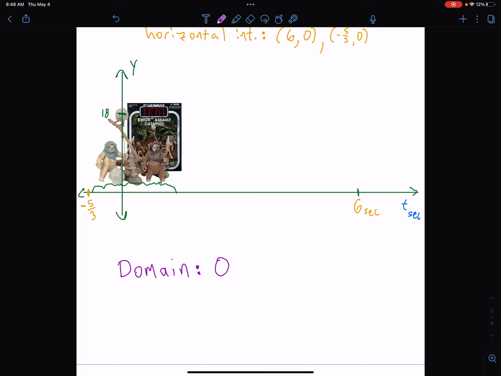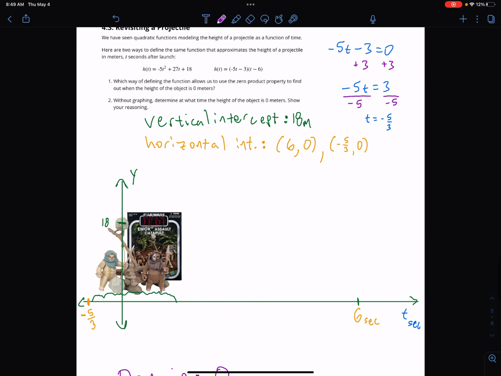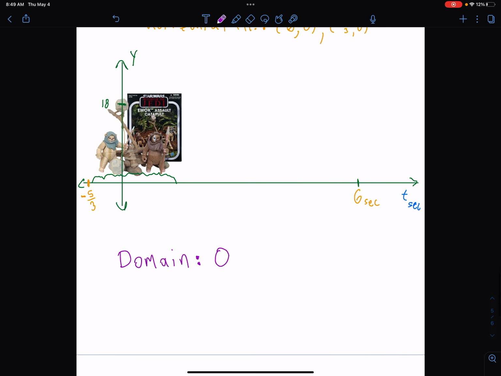Because we don't care about yesterday. We're not looking backwards. All we care about is the second they fired that thing. We're not worried how long it sat there, how long it took them to drag the catapult over to where they were going to fire it or put it together. We're not worried about any of that stuff. All we care about is that 0 second when that thing fires off, and we get to see that at 0 seconds it had a height of 18 meters.